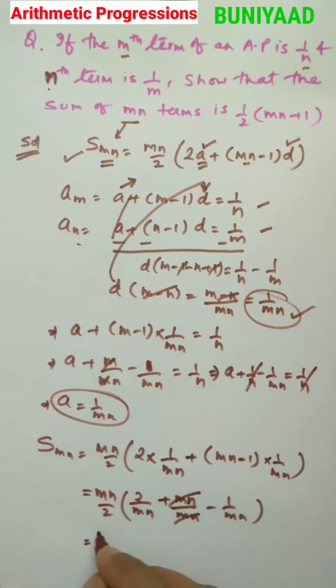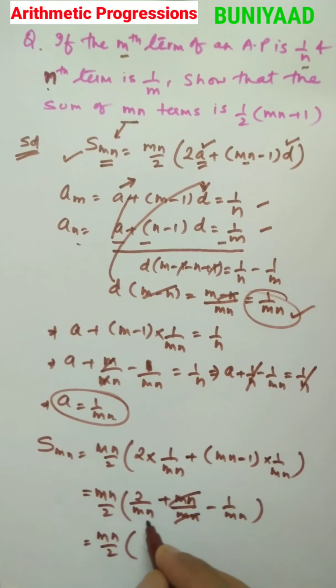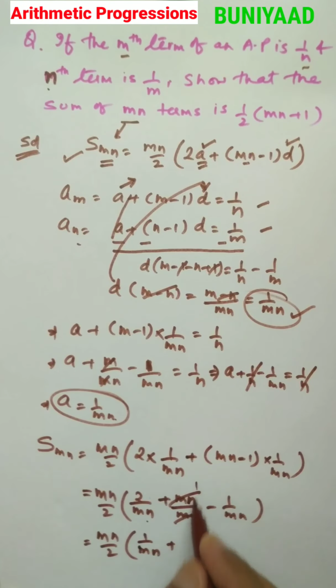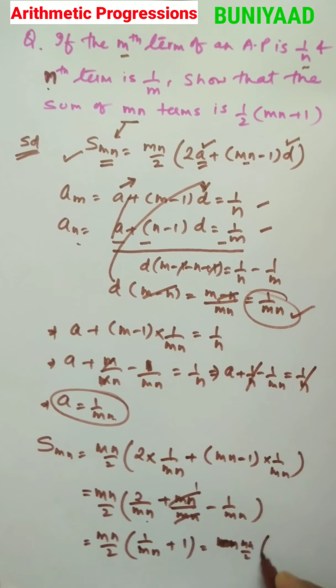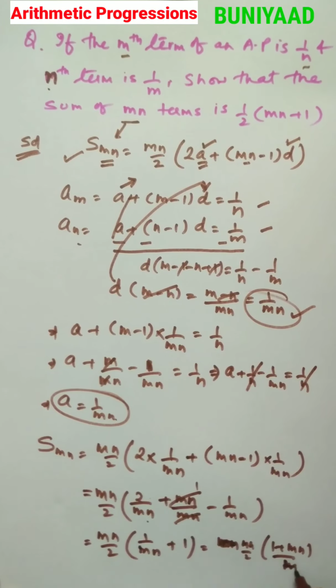So this is mn by 2, 2 by mn, 1 by mn. This becomes 1 by mn plus, if you are cancelling it, you are left with 1. So this becomes mn by 2, 1 plus mn.